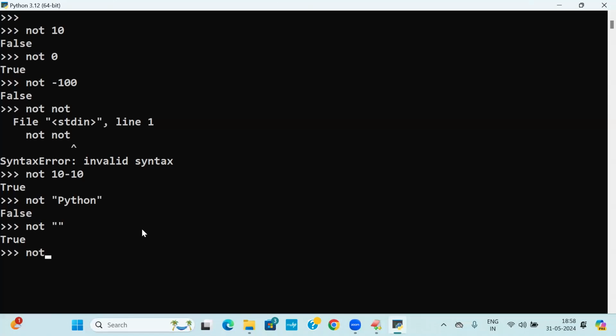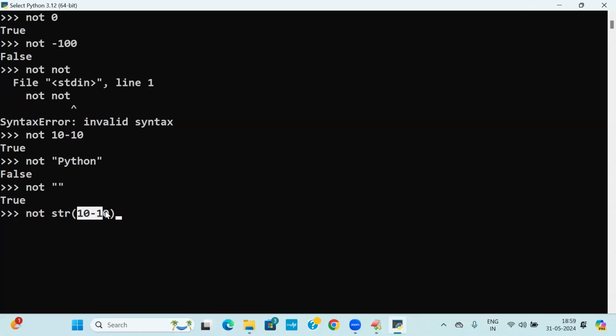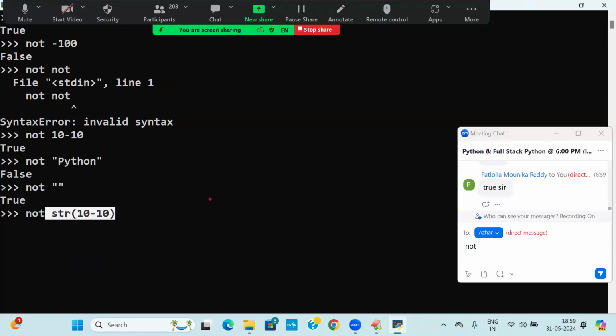Finally. Not of str of 10 minus 10. Come on, come on. 10 minus 10 is 0. str of 0. str of what? 0 is called what?